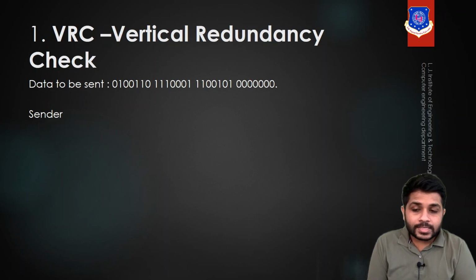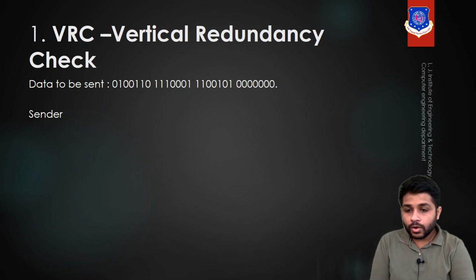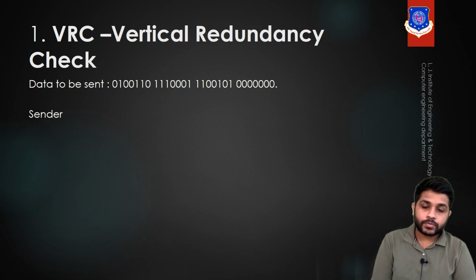Now we can see that in the VRC method we have some data to send. The length of the data that you can see is 28 bits. So the sender is interested in sending 28 bits of data. We know that we are not going to send this data directly. Before sending this data, we will add some extra data, and after that we will send.